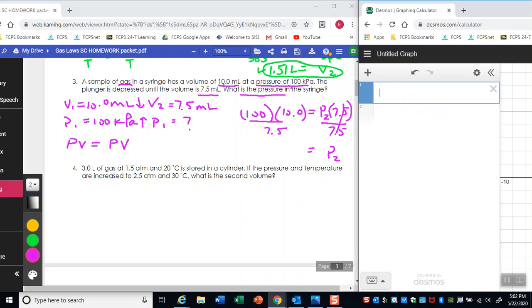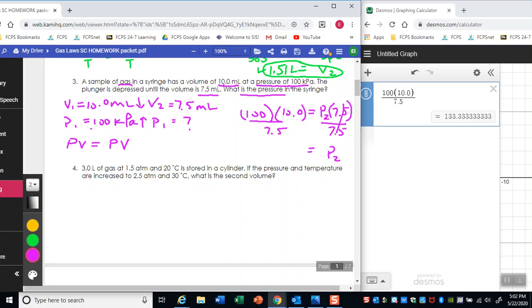So I'm going to take 100 times 10.0, and then I'm going to divide that by 7.5. And I get 133.3333 repeating. So notice my original pressure was 100, so I'll just make that 133.